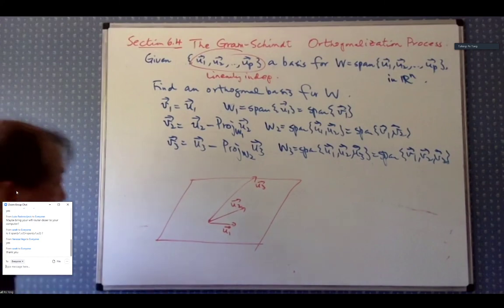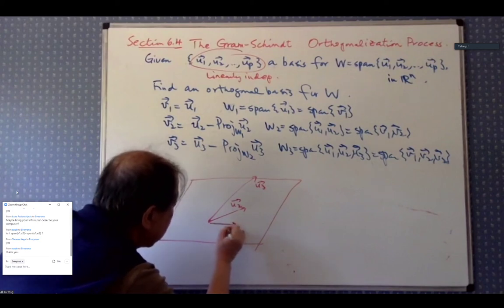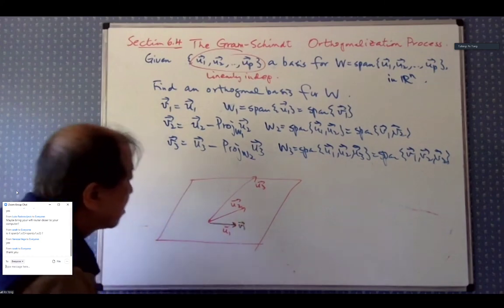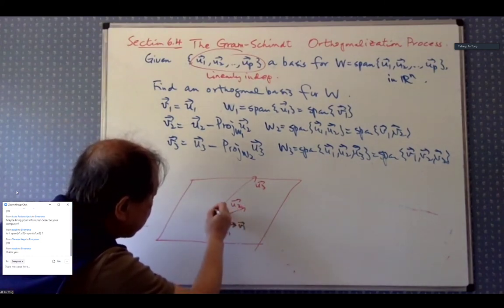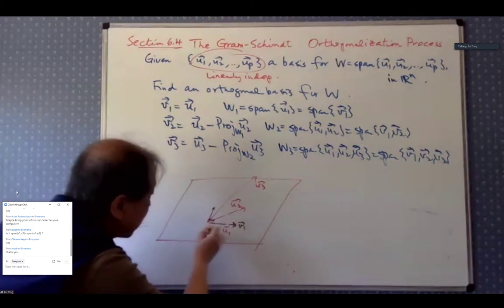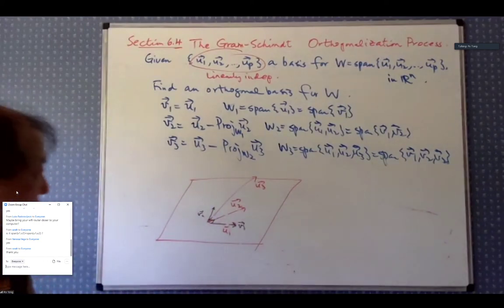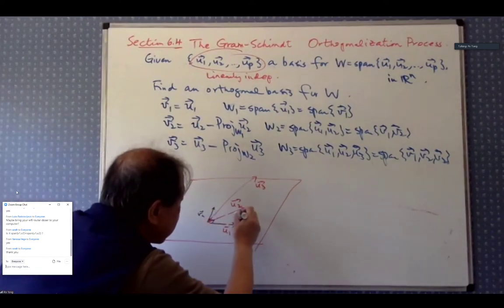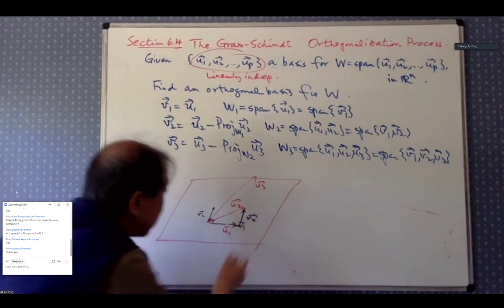So this one will be V1. Then you drop a perpendicular from here to here, so you end up with this guy here. So these two are perpendicular now. This one is V2. This V2 is the same as this one. This one is also V2.